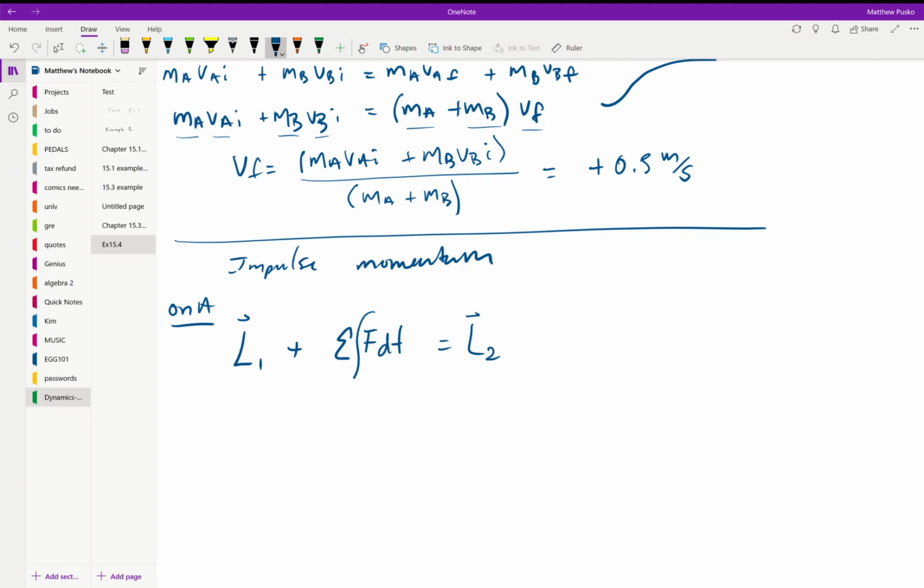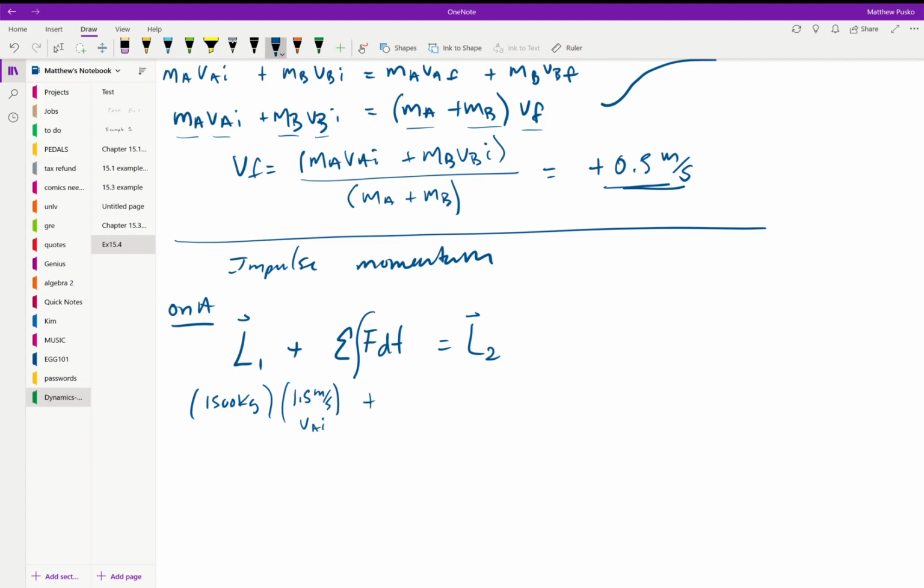So on A, let's go ahead and look at only the x direction. It's the only direction we have motion in at the moment. So we have its initial momentum as a 1500 kilograms, and I'm putting numbers in because we did come up with a number for our velocity. It had initial velocity of a positive 1.5 meters per second, and that would be our velocity of A initial.